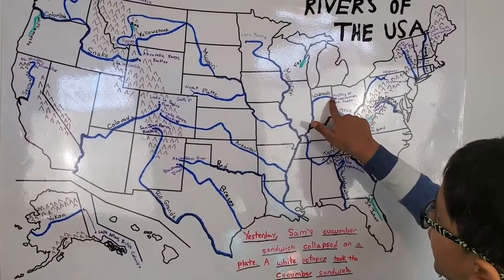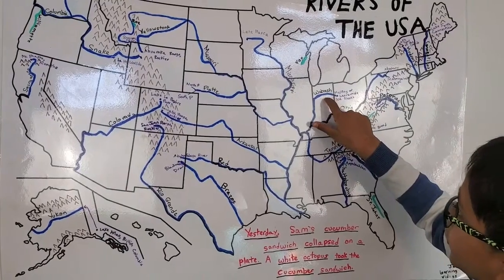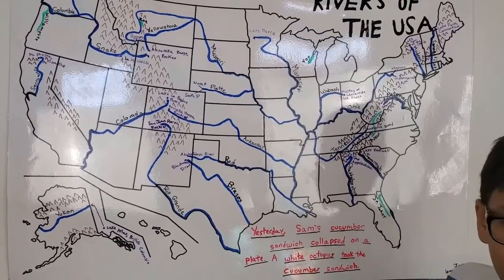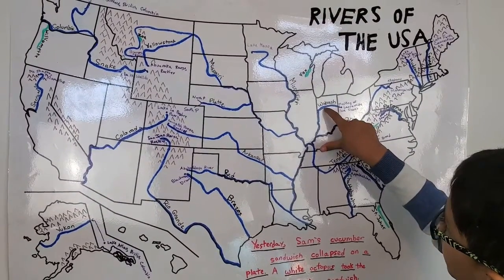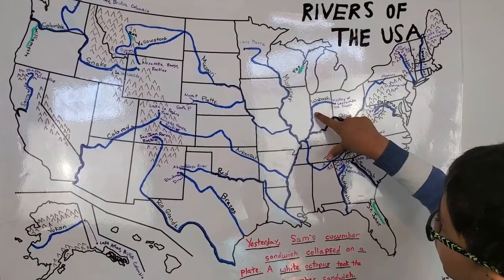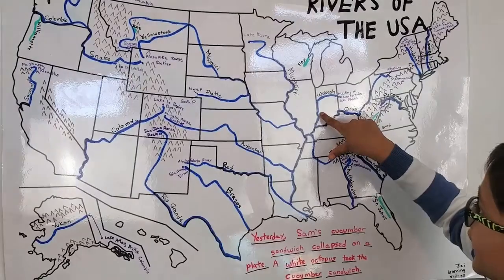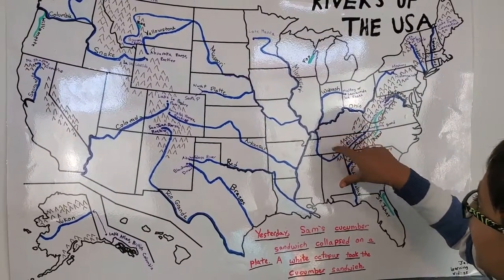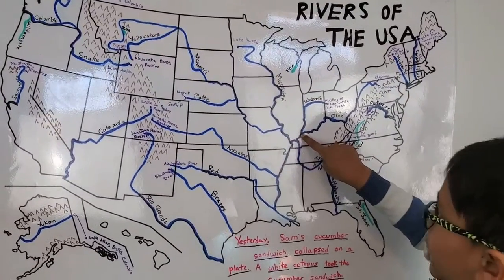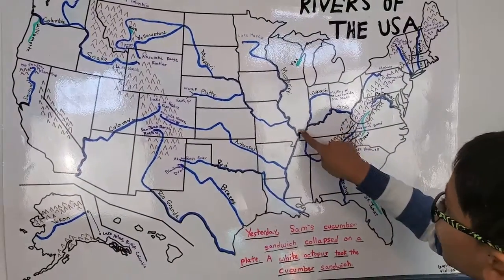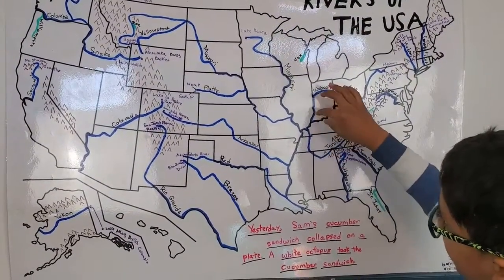Then it flows slightly through Ohio and then enters Indiana. The Wabash River is the state river of Indiana. It flows through Indiana and then forms a natural border of Indiana and Illinois, and then joins the Ohio, where the Indiana, Illinois, and Kentucky states meet.